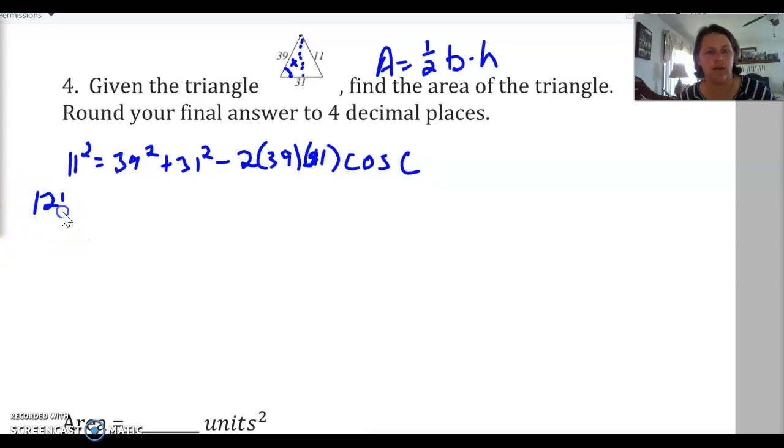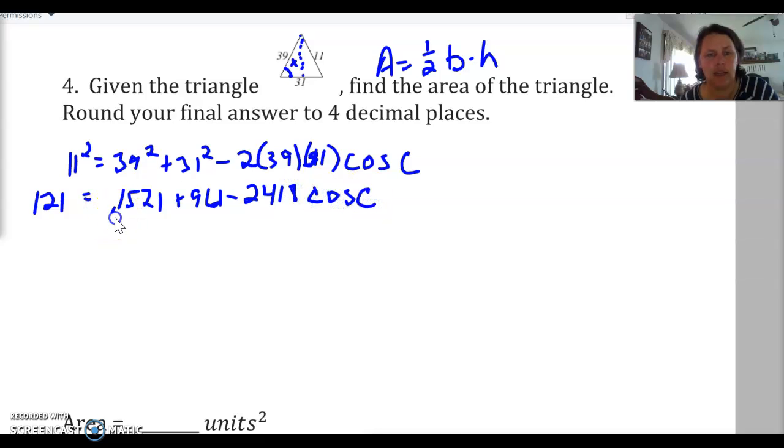So now we need to go ahead and solve for C. So go through all of the math of that. 39 squared was 1521 plus 31 squared, 961, minus 2418 cosine of C. Then I added these two together and got 2482.